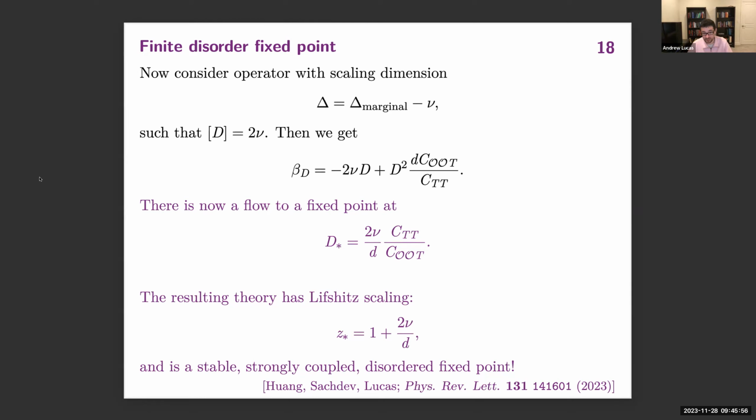And this fixed point will be stable. It's the actual IR geometry, and it is a Lifshitz fixed point with finite disorder. Okay. So this is what we believe is sort of the right way to build disordered holographic fixed points.